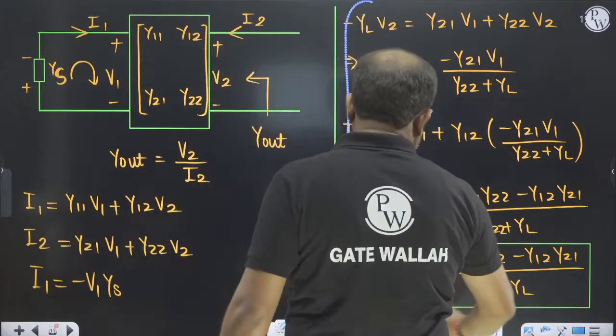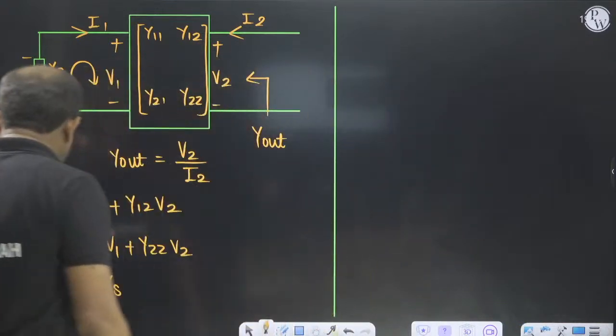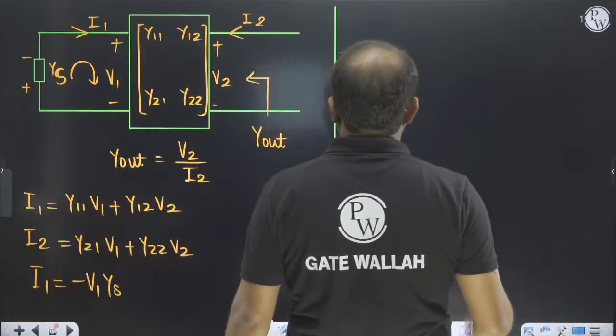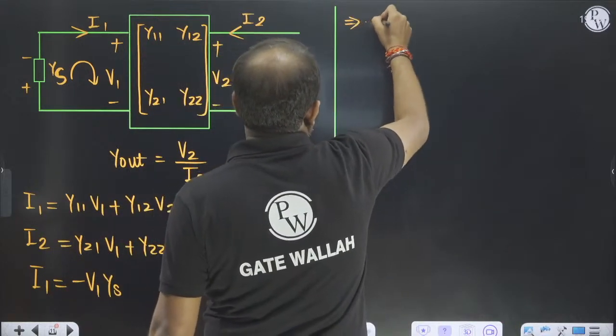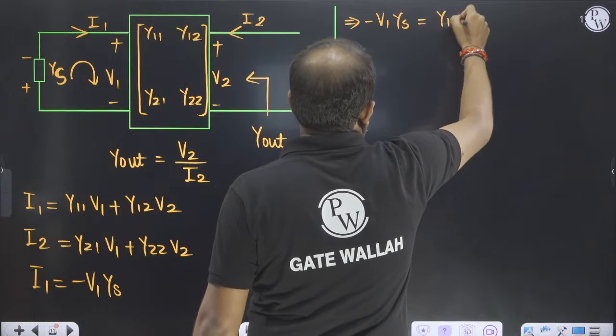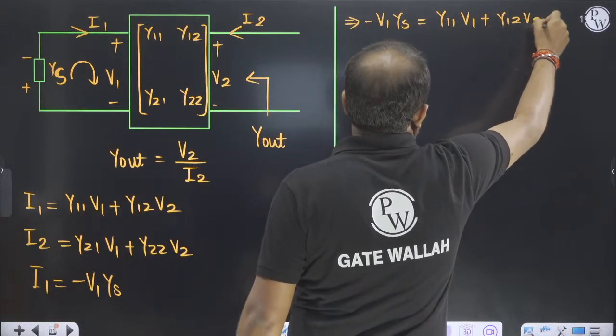Then I1 will be put in equation 1. What will it be? Minus V1 into YS equals Y11 into V1 plus Y12 into V2.